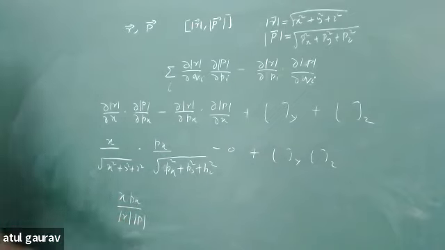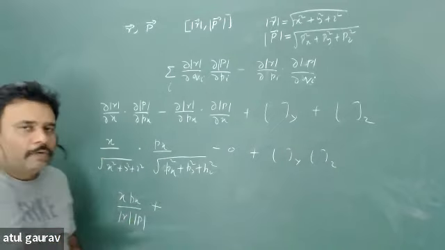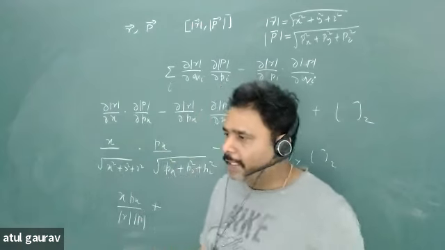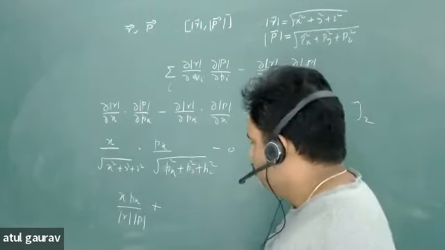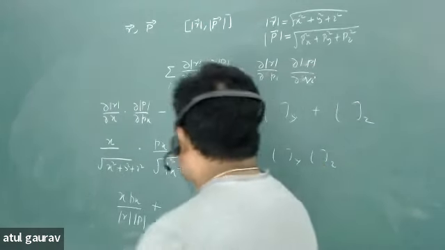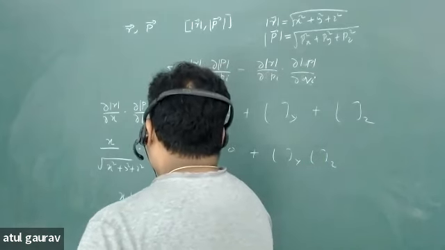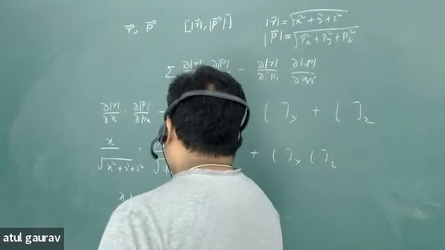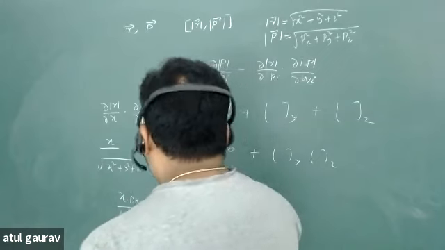Similarly, what will happen to y coordinate? क्या आएगा? Symmetry देखकर बताइए. Because you can change x to y and y to z, so आपको कैलकुलेशन करने की जरूरत नहीं है. What will happen? y py upon mod r mod p.